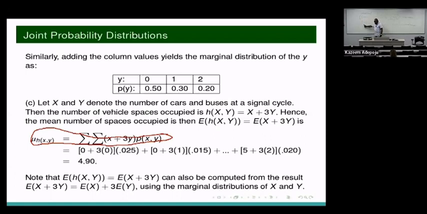You can find this using the summation of x p of x plus 3 times the summation of y p of y, where y starts from 0 to 2 and x starts from 0 to 5. Whatever you get here, you add them up. It's still going to give you the same result. Whichever way you want to go, the result is going to be the same.